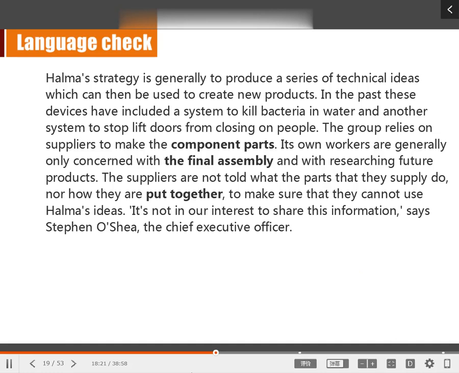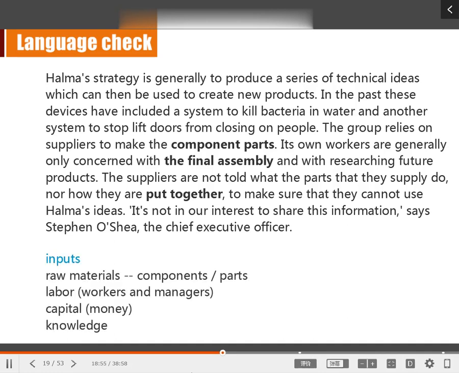So in this part, it talked about component parts, 组件 and also the final assembly, 最后的组装工作 and also put together, 也是在描述组装的这样一个概念。好，这里我们总结一下哈，一家公司或者说企业在生产某种产品的过程当中需要涉及到的一些词汇。好，我们要生产某样东西，那么总得要一些 inputs，对不对？一些输入。那么有一些输入呢，我们才有可能有 outputs 产出。那么这些 inputs 可能会包括 raw materials.